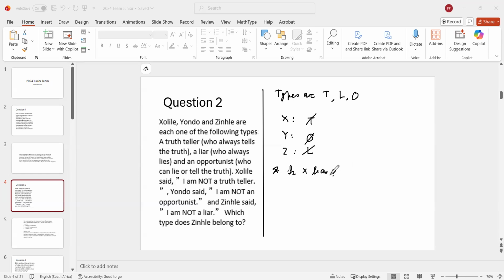If he is a liar, then he's not the truth teller and he's speaking the truth. And that can't be possible. So X is speaking the truth when he says he's not the truth teller.